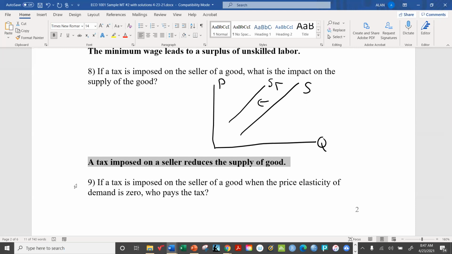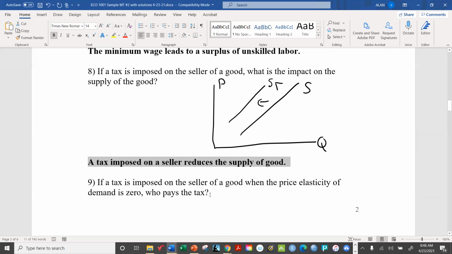In fact, in the past, taxes on alcohol and tobacco were often called sin taxes, because it was a more biblical time, when those were considered activities that were not approved of. But the point here is that a tax will reduce the supply of the good, and that means that the cost of the good will go up to the consumer. The only question is how much will it go up?